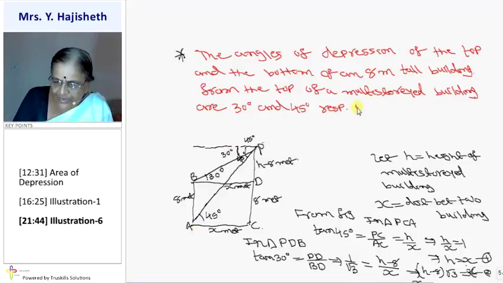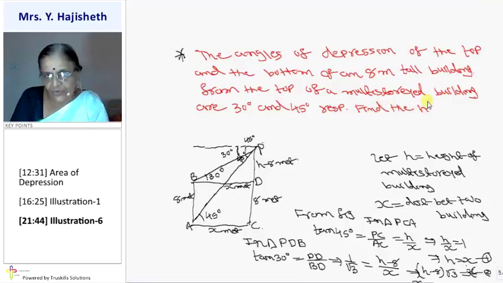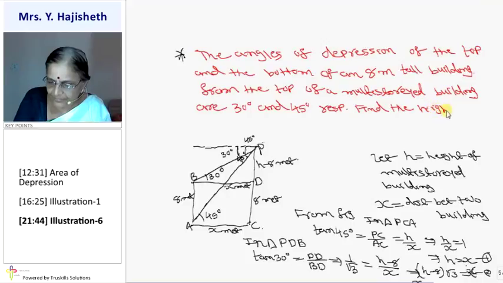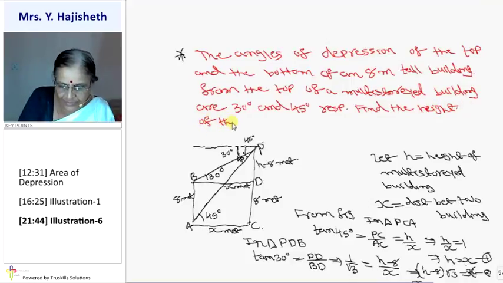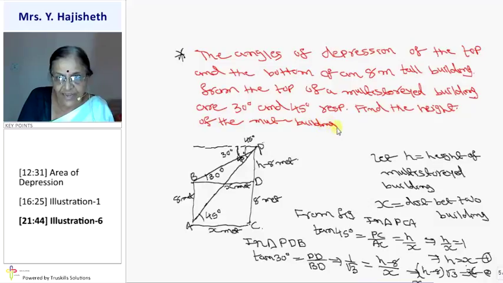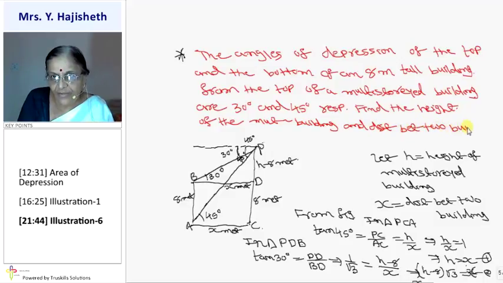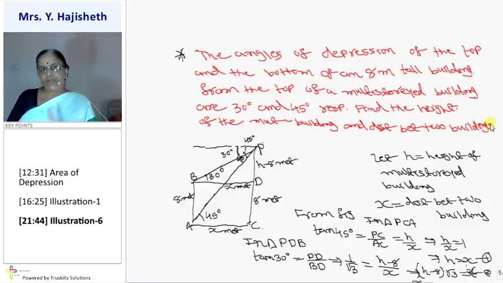Now कुछ नहीं पूछा है. Find the height of multi-storied building and distance between two buildings. Okay, I am asked to find out, according to my sum, h and x.